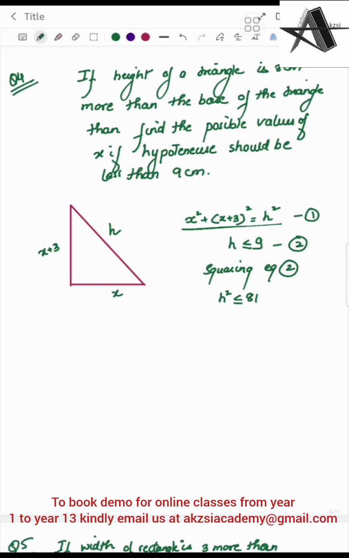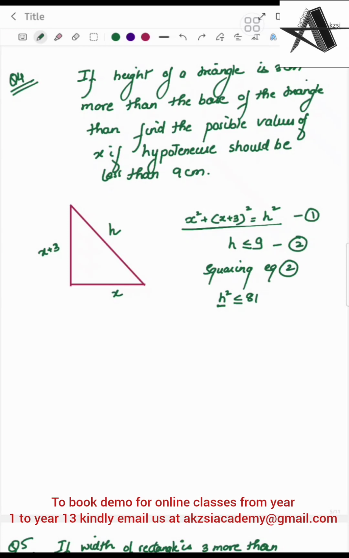Right. Then we know h squared is equal to x squared plus (x plus 3) whole squared. So in place of h squared, I can write x squared plus (x plus 3) whole squared. Why? Because they are equal. If I say apple is equal to mango, I can replace apple with mango or mango with apple because they both are equal. Or suppose there is a competition and anyone whose age is 13 can participate, and there's only one seat remaining.